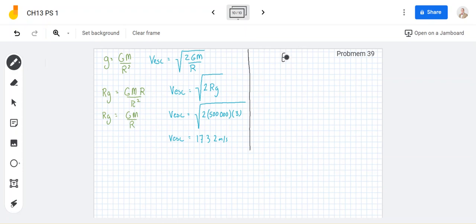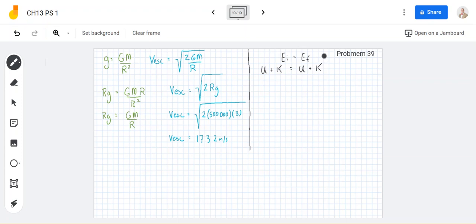So I'm going to say that my initial energy is going to be equal to my final energy. And so I'm going to launch it. So my U at the surface plus my kinetic energy at the surface is going to be equal to my U at the farthest distance plus my K at the farthest distance.